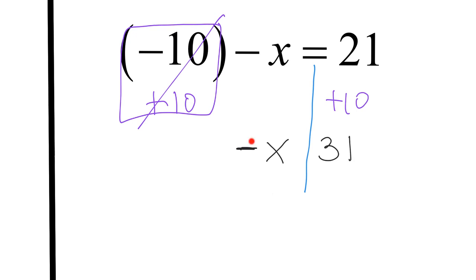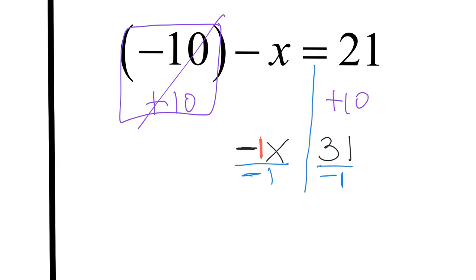You also have to get rid of this negative because your answer can never have a negative variable. So all we're going to do now is divide by negative 1 to get rid of that negative, and you divide by negative 1 on the other side. Why am I dividing by negative 1? Well, this negative next to the x is a negative 1.